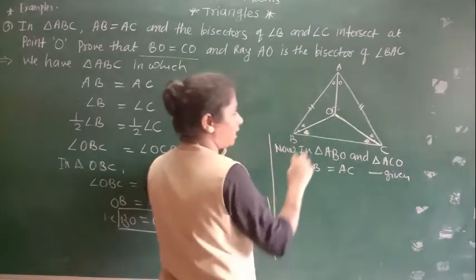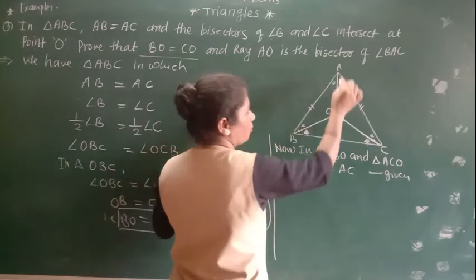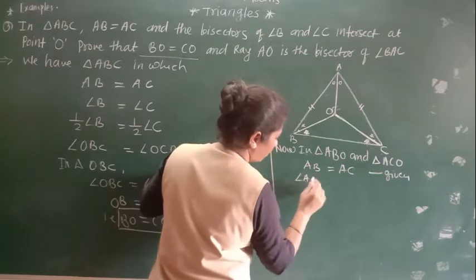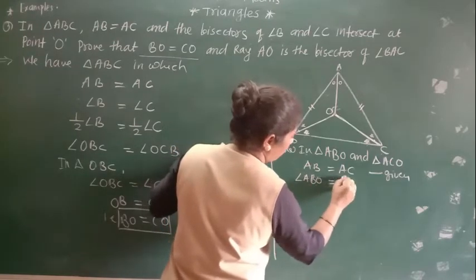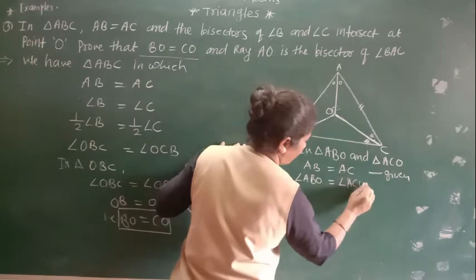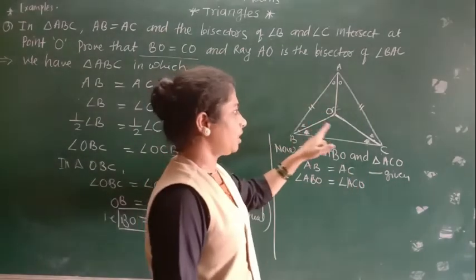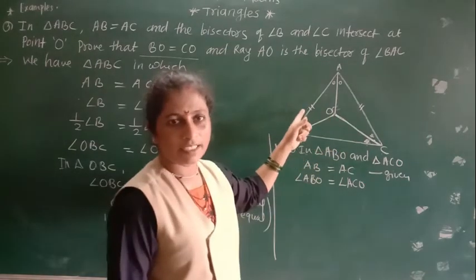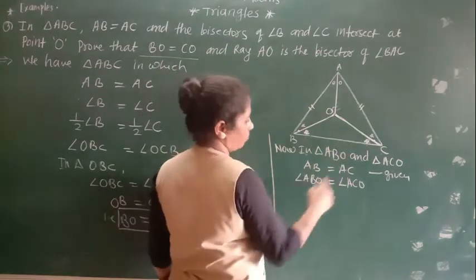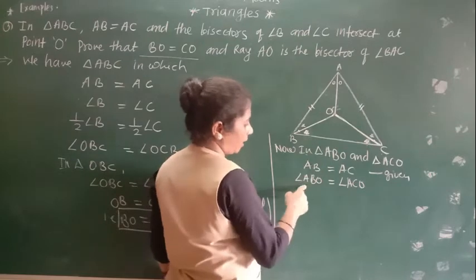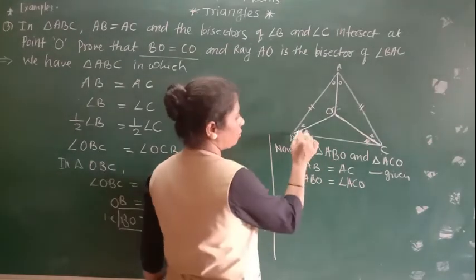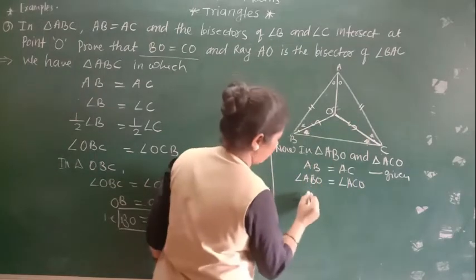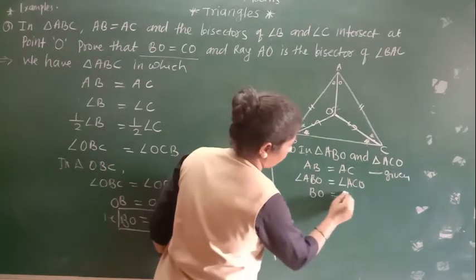Can we write angle ABO equals angle ACO? Yes, angle ABO equals angle ACO. What is the reason? BO and CO are the bisectors of these angles. Okay, these angles are equal to each other. Angle ABO equals angle ACO, and also we have got this side and this side equal: BO equals CO.